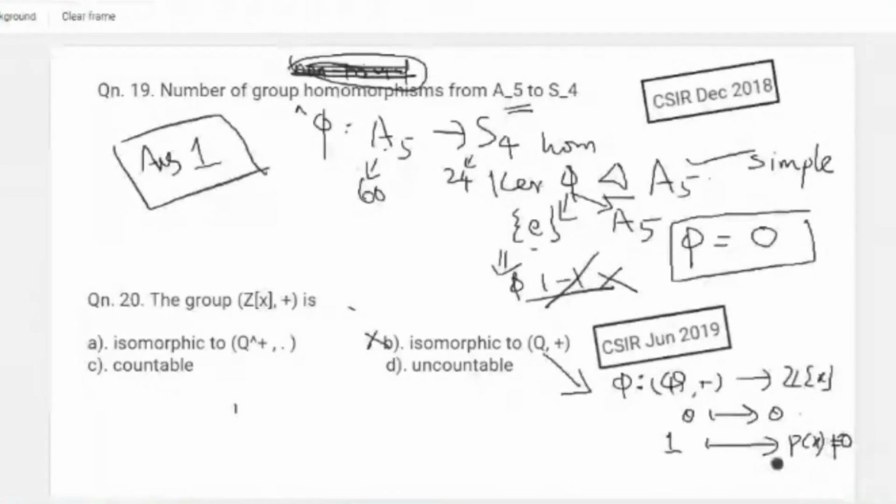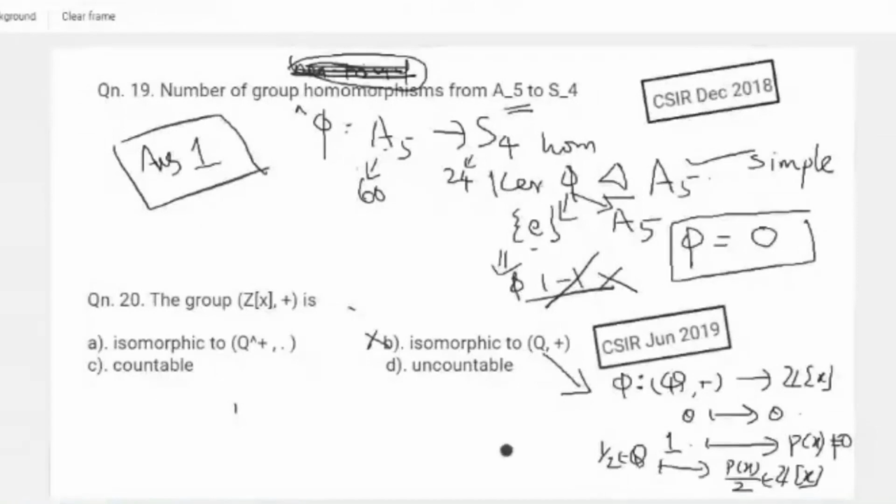Now 1/2 is a member of Q. It should be mapped to an element such that 2 times its image is P(x), so the image of 1/2 should be P(x)/2. For it to be a member of Z[x], the coefficients of P(x) must be divisible by 2.